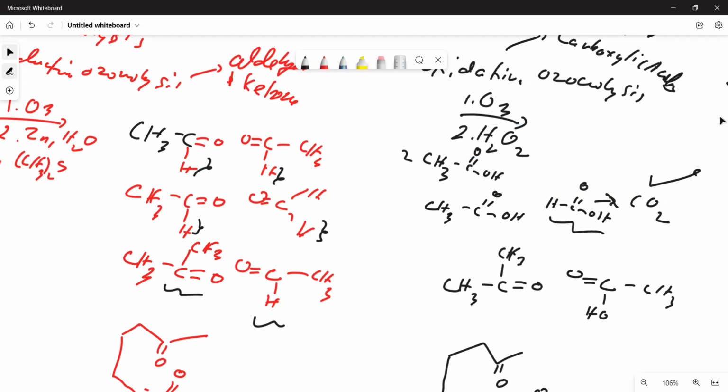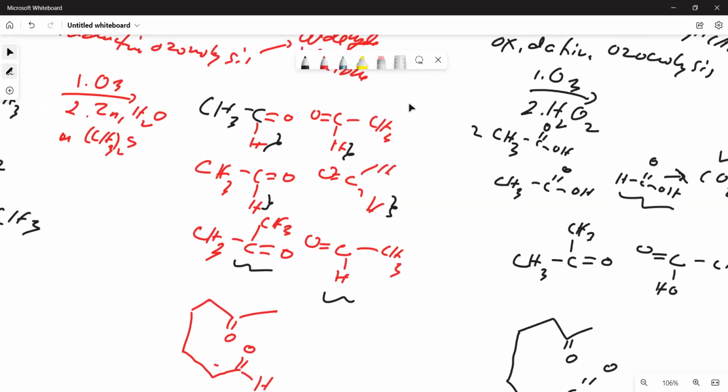Okay, so you go back to our first example again. Ito yung product niya, no? Pag reductive ozonolysis, in oxidative ozonolysis, since you add an oxidizing agent, an aldehyde is oxidizable because there is still hydrogen here that can be replaced by oxygen. So you will end up with two molecules of acetic acid.